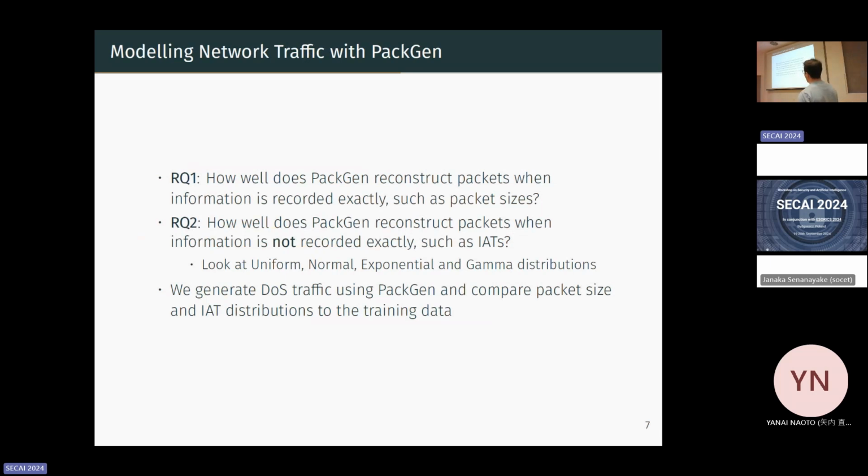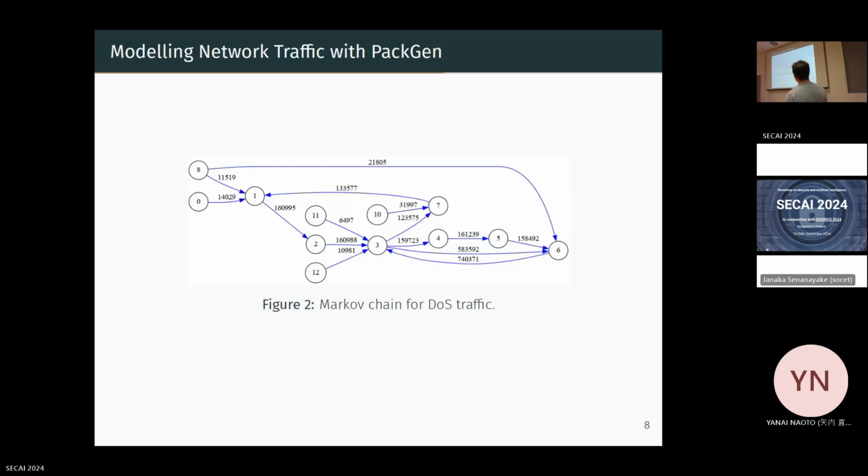And the second is how well it does when we don't record it exactly, which is the case for timing, where we just use statistical distributions. We look at various distributions for recreating sensible intervals between packets. We test this on the knowledge service data that we generated, and then we train PackGen on this data and compare these distributions.